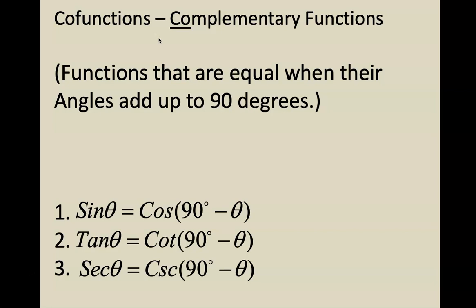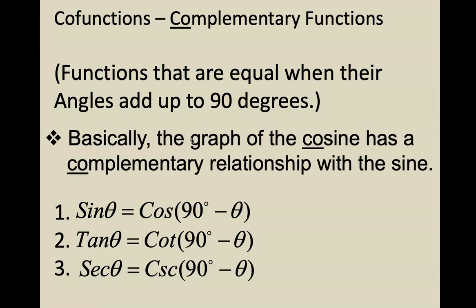It basically means that cofunctions are functions that are equal when their angles add up to 90 degrees, when their angles are complementary. So basically the graph of the cosine has a complementary relationship with that of the sine. Sine of 10 is the same as cosine of 80. They're the same when their angles are complementary.